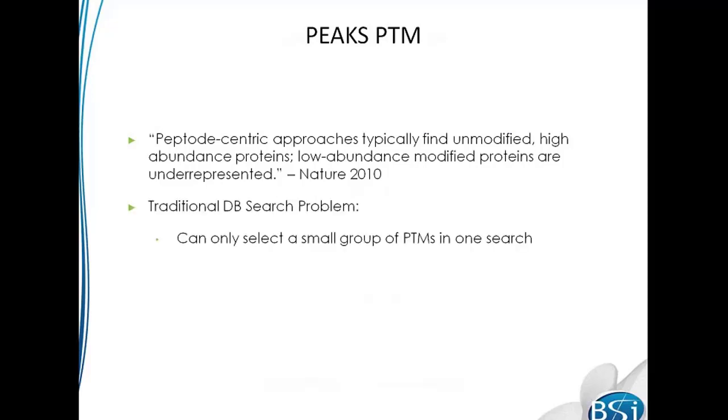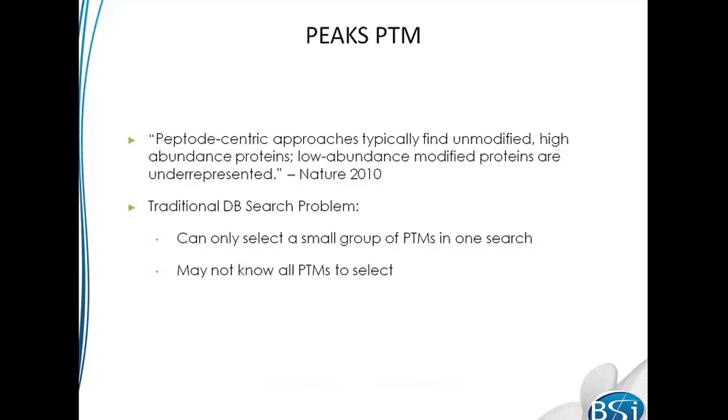And the traditional problem is that in most cases, you can only select a small group of PTMs in one search, because if you search for too many PTMs, it makes the search space too large and it makes your search time too long, or you end up running into memory problems and those sorts of things, and actually just makes the search impossible.